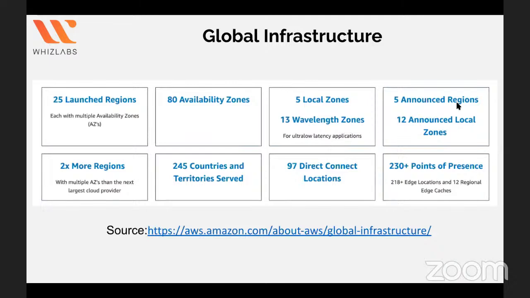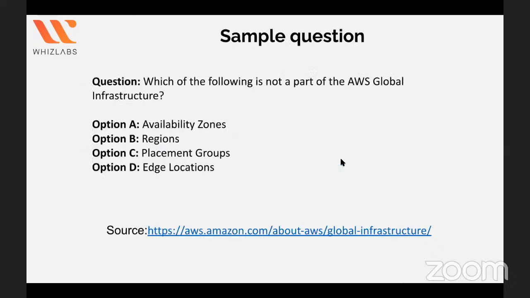AWS has recently announced 5 new regions and 12 local zones. There are supposed to be more than 2x regions, each with multiple availability zones. It is now in 245 countries and territories. You don't have to remember this data, but make sure that you know what region, availability zone, and edge location mean. Okay. So here is the quiz question for all of you.